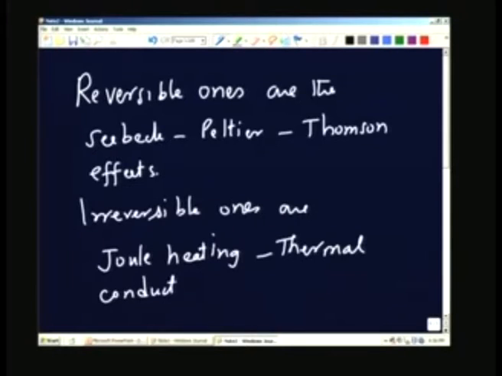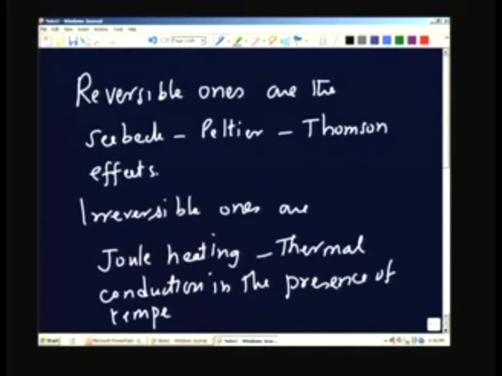Thermal conduction in the presence of temperature gradients. That means, if the temperature is varying within a material from position to position, there would be irreversible transfer of heat from a high temperature region to a lower temperature region.